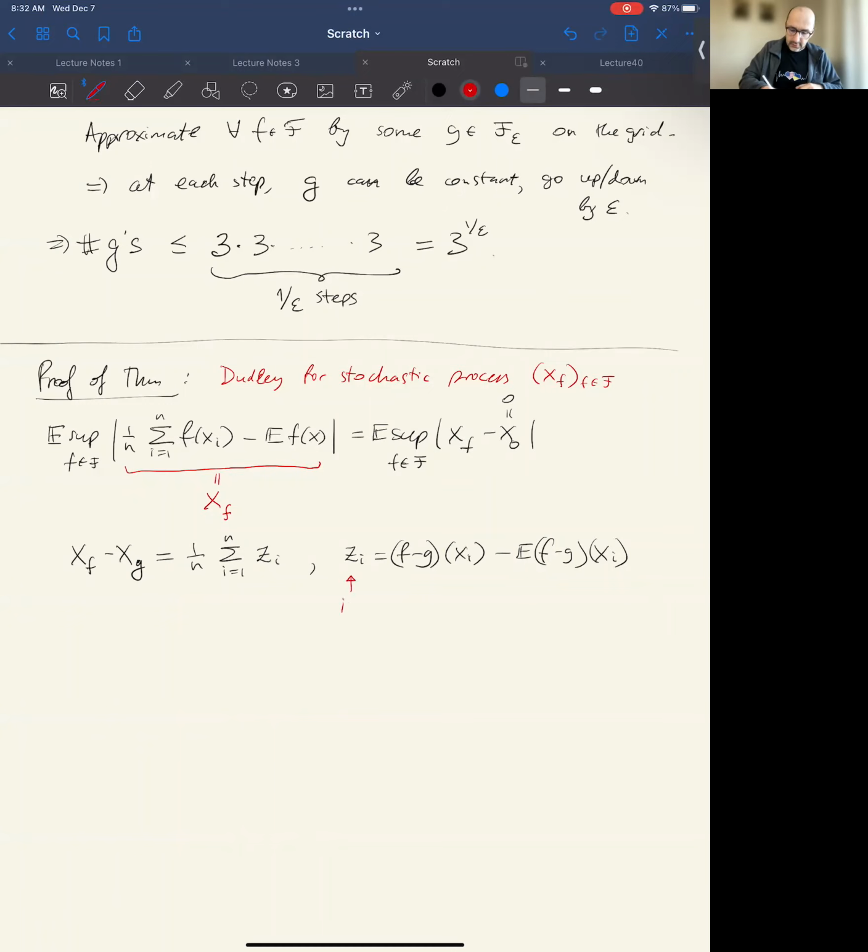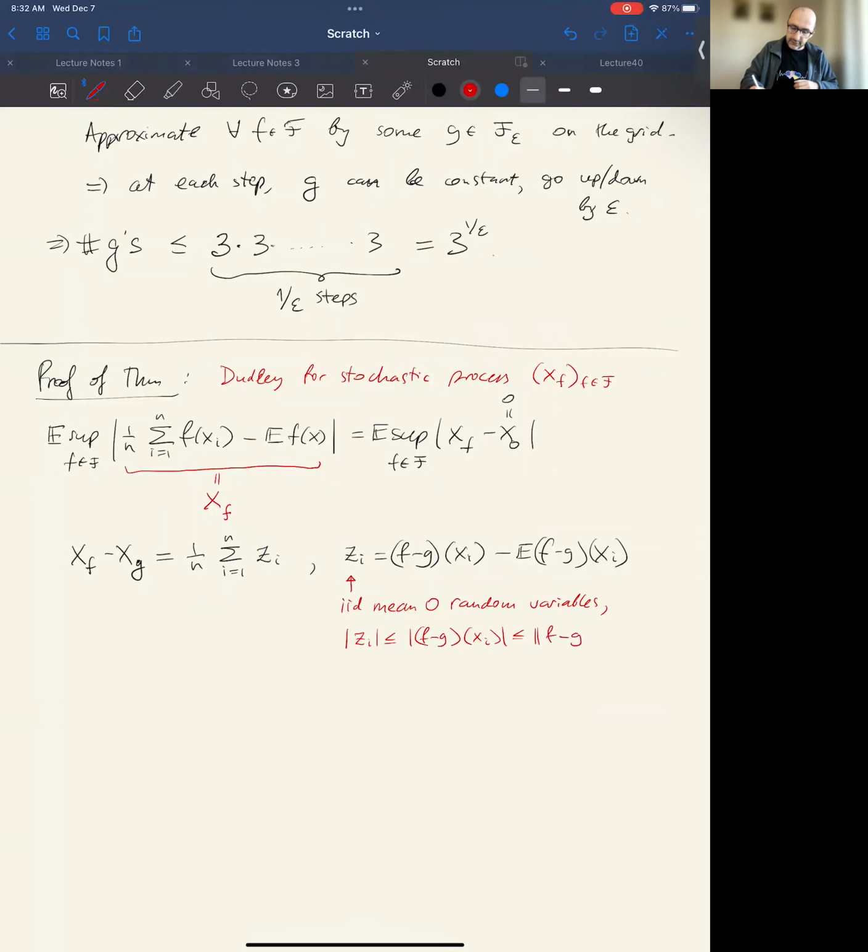But these are IID, independent and identically distributed, mean zero random variables. Mean zero because we just subtracted the mean literally here. And they are bounded in absolute value by 1. Actually, not 1.